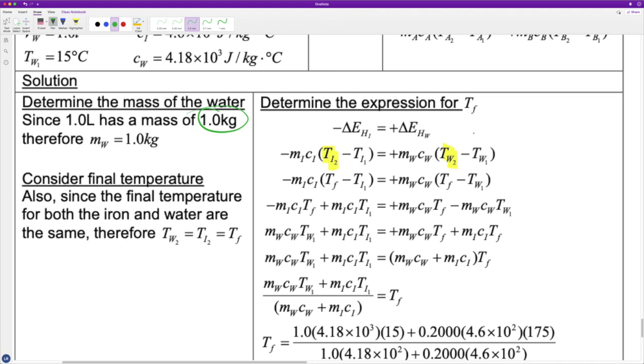Again, this formula is just Q equals Cm delta T. I just changed the order of the M and the C, but that's not a big deal. TF stands for the final temperature, and remember the iron's final temperature and the water's final temperature are the same.